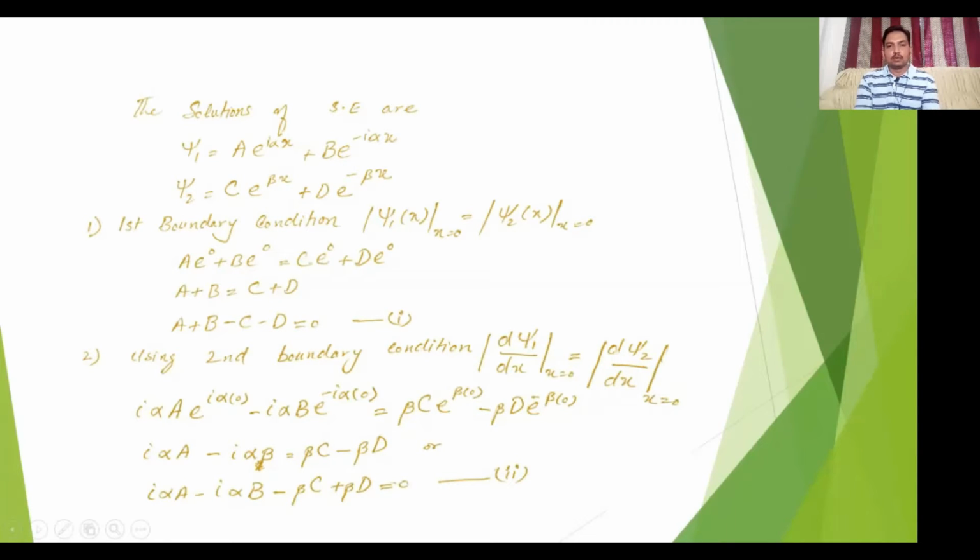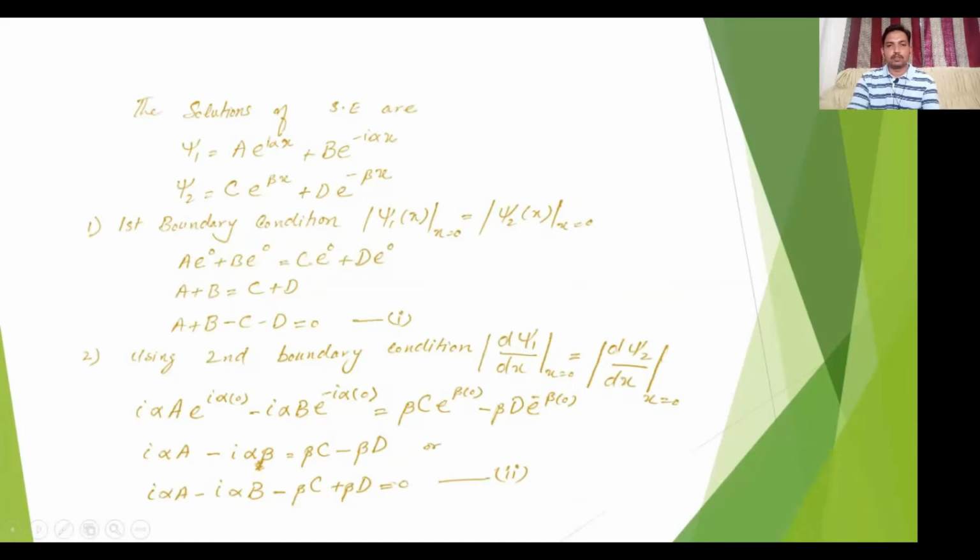Using second boundary condition, which is applied on the derivative at x is equal to 0. So d psi 1 by dx at x is equal to 0 is equal to d psi 2 by dx at x is equal to 0. So first you take the derivative of psi 1 and psi 2, then put x is equal to 0 there.